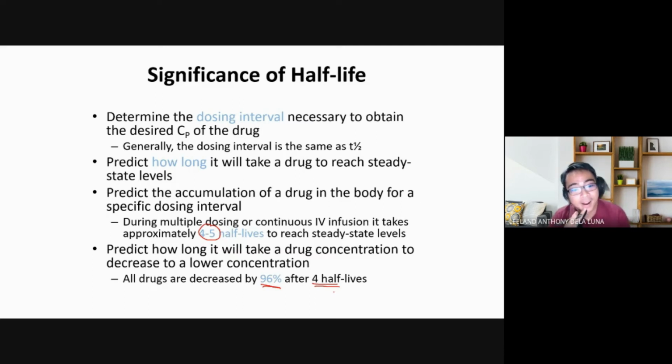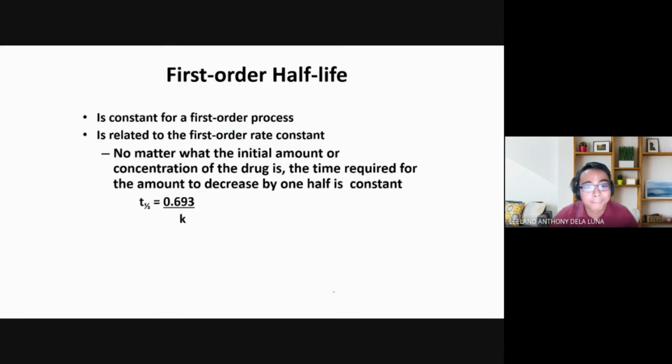Class, the concentration of a drug will be reduced to 96% from its original concentration after 4 half-lives, provided no additional drug is administered. It's only a single dose. So after 4 half-lives, 96% of the drug will be totally eliminated na. Are we clear? It's something you need to remember.